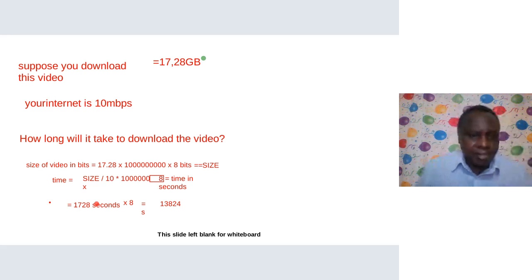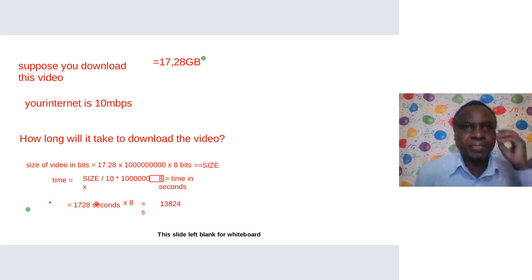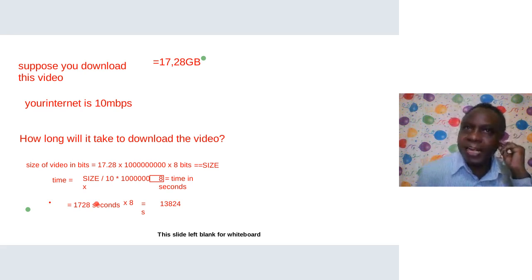Then Otieno Brown is asking an example between one with 30 FPS and another with 24 FPS. Which one is better? Now, of course, the more the frames, the better, in terms of the quality. But the problem is the space. It's just like an image, the more the pixels, the better.